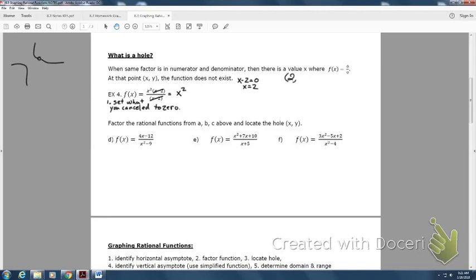And anytime you have an x value, what do you have to do to find the y value that goes with that? Back to day 1, Algebra 1. Plug it in. Okay? And what is 2 squared?